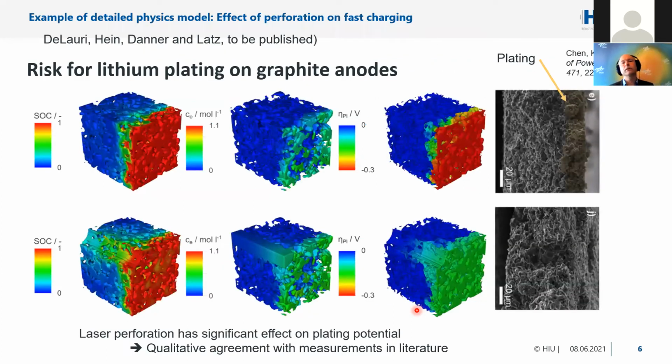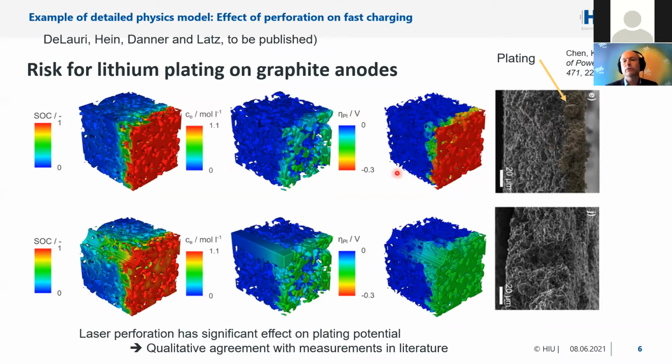So here's one example from my group where we use physics-based models to design thick electrodes. This is studying the risk of lithium plating in graphite anodes, for really thick graphite anodes bigger than 70 micrometers, for a perforated electrode and for a non-perforated electrode, where you see significant trends for plating which correctly capture the experimental situations.